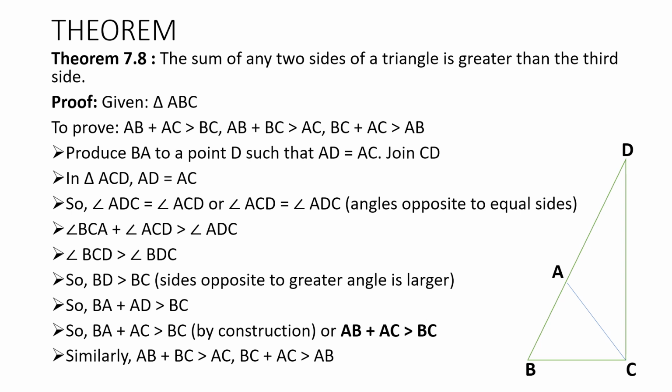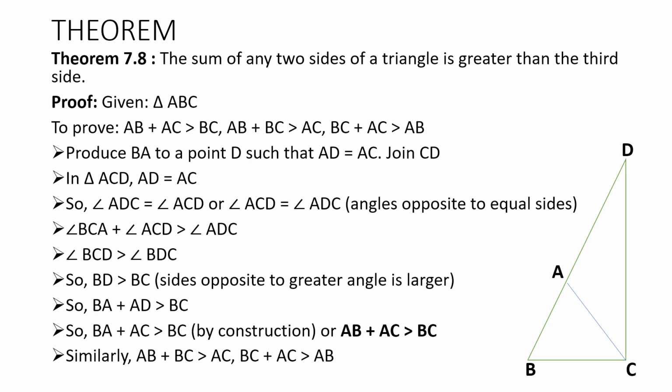Now in triangle ACD, you have AD equal to AC by construction. So the angles opposite to them will be equal. Angles opposite to equal sides are equal. So angle ACD is equal to angle ADC.